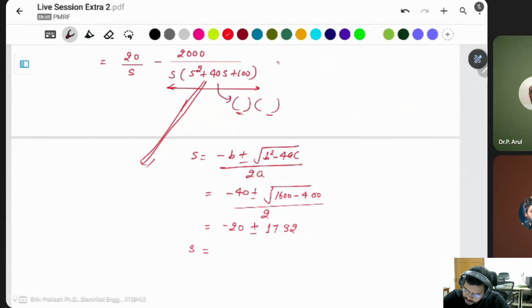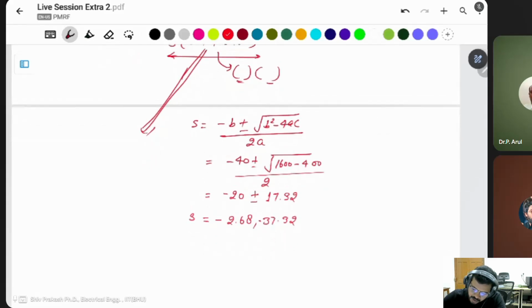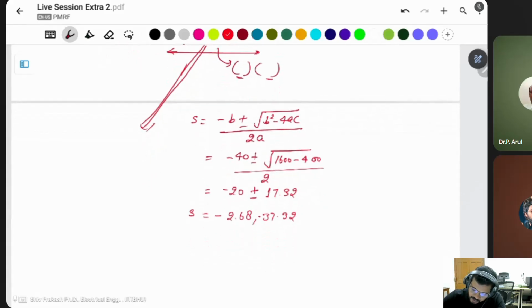Once you take the plus, and once the negative. If you take the positive, minus 20 plus 17.32, it will be minus 2.68. If you take the negative, then what happens? This thing minus 20 minus 17.32, it will be minus 37.32.